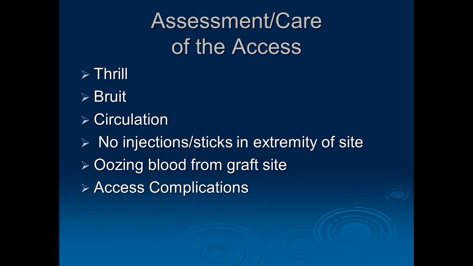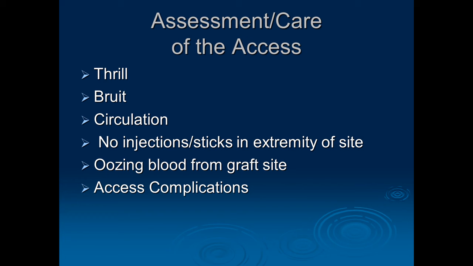Sometimes if they do have some complications relative to the heparin, such as bleeding, they may ooze from their site where they've been stuck, or they may have some swelling in their extremity. That is a complication, and typically we would administer protamine sulfate if they're having problems with bleeding from the heparin to counteract that.